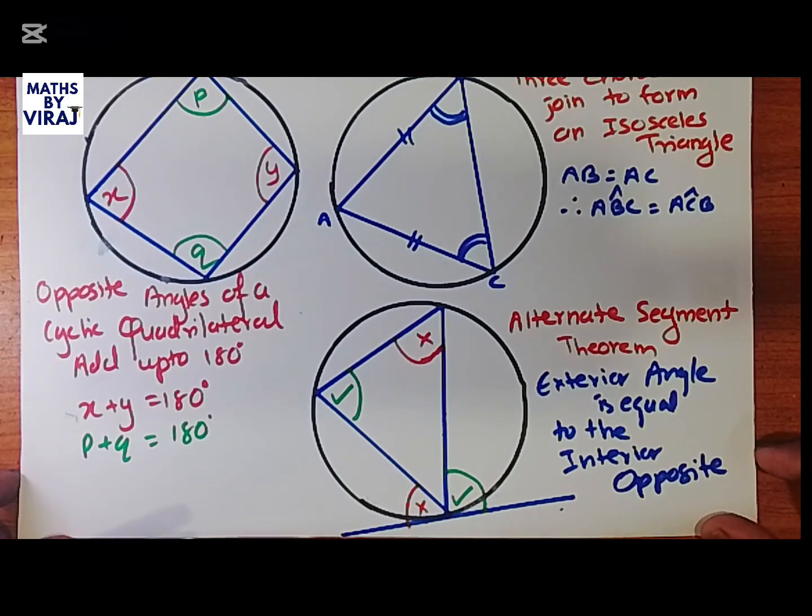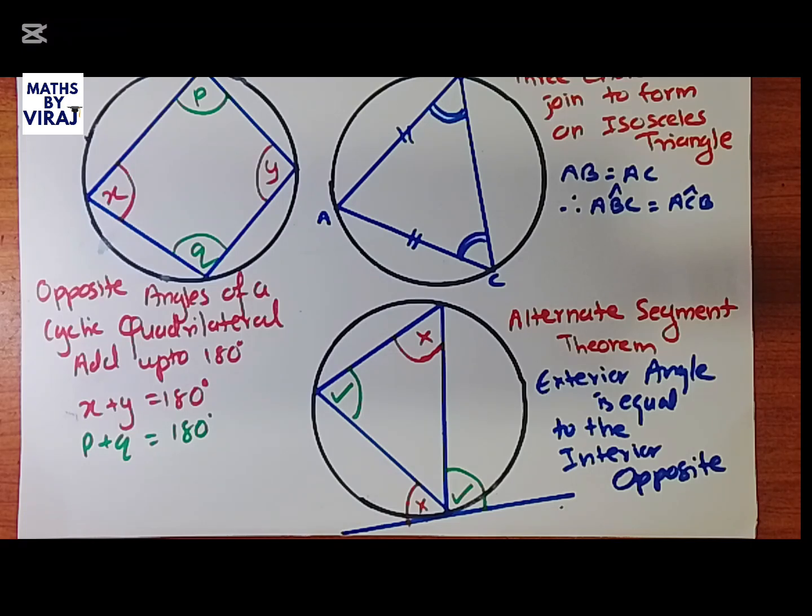Furthermore, the most important, last but not least, theorem that we have is the alternate segment theorem. In this case, there is a triangle that is drawn inside the circle and a tangent drawn to the vertex of the triangle. Remember, the tangent should be drawn to the vertex or to a vertex of a triangle.